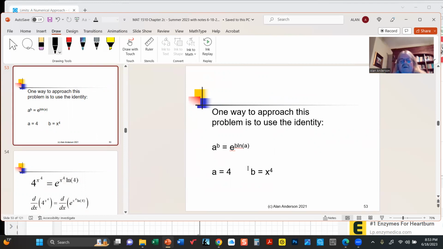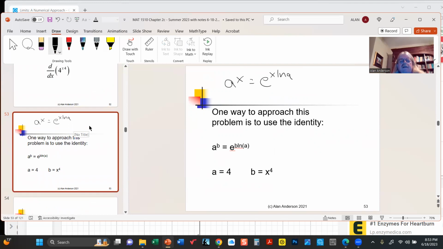Remember, we saw that earlier. So what we have here is d dx of 4 to the x to the 4th power.